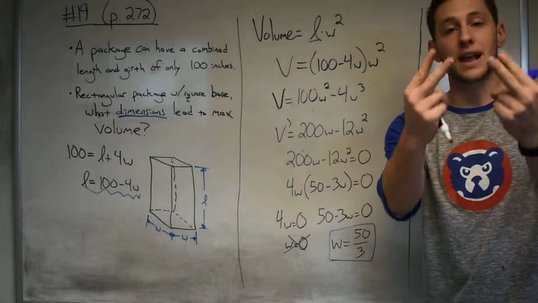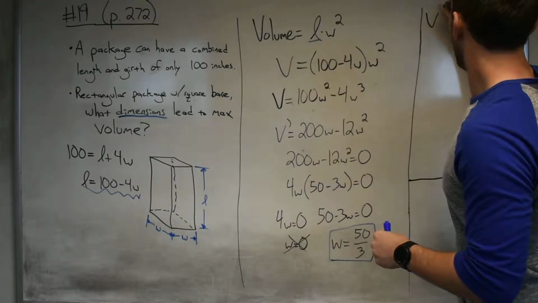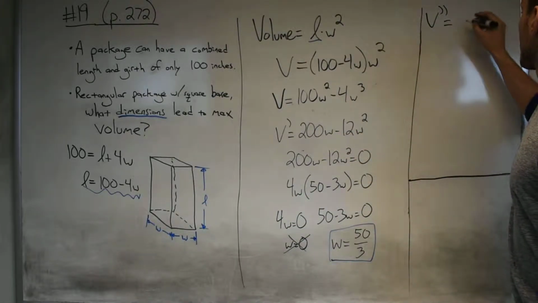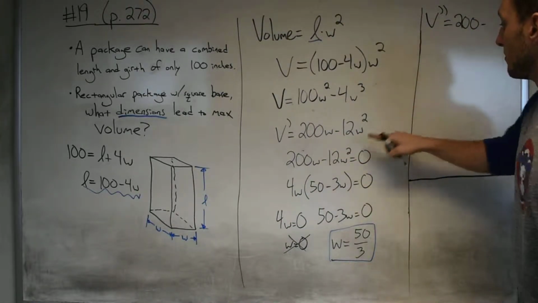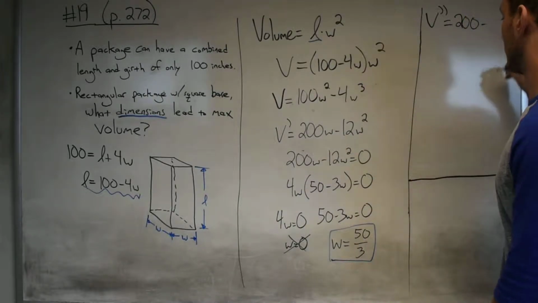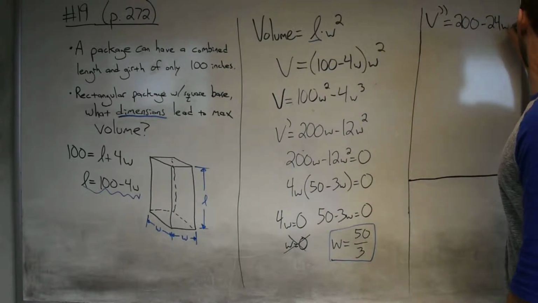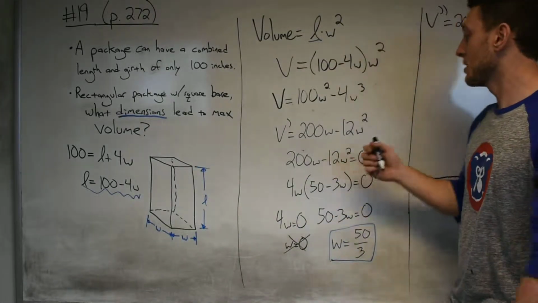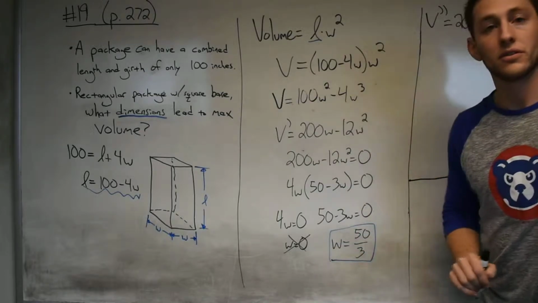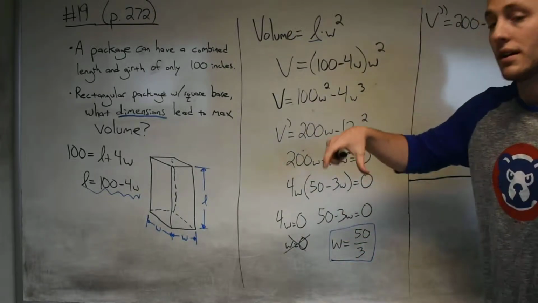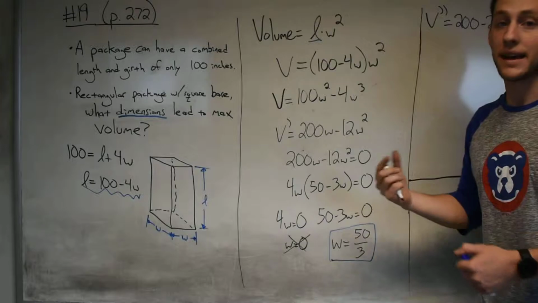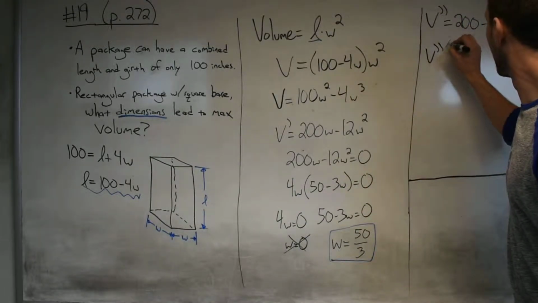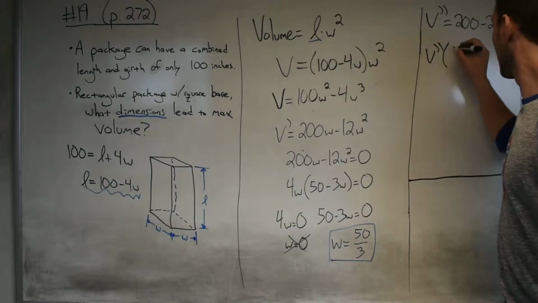I'm going to test it through the second derivative, so if I derive it again, what I'll end up with is just 200 minus 24W. Then through the second derivative test, I'm going to plug in this critical value. Now if I get a negative number, I get a concave down function at that point, meaning it's a maximum. So plug in 50 over 3.